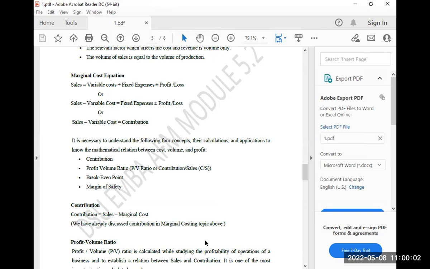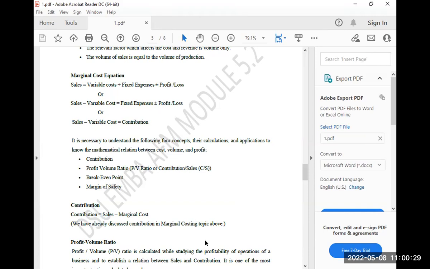That's the only equation, but we are having different variants of it. Sales is equal to variable cost plus fixed cost plus profit or minus loss. Otherwise, sales minus variable cost is equal to fixed cost plus profit or loss. Sales minus variable cost is equal to contribution. Contribution is equal to sales minus variable cost or marginal cost. Marginal and variable, both are the same.